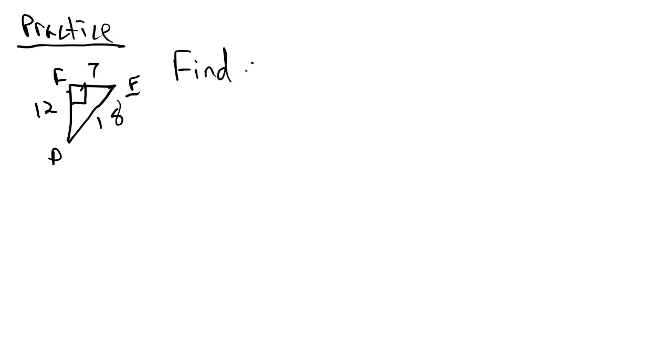Your first practice problem, let's give you this triangle. I want you to find the cosine of D and the tangent of E. We'll also give you one where you have to find the angle.